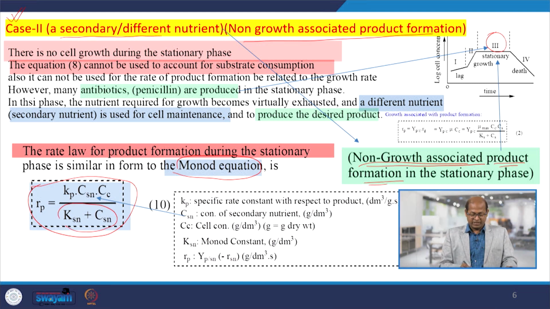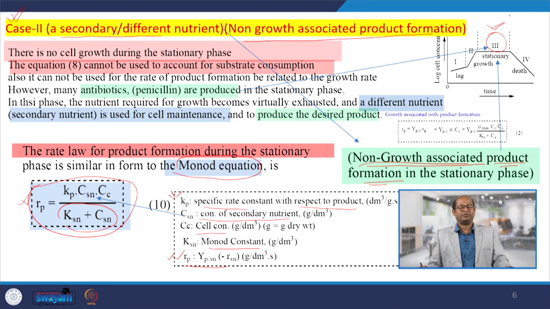Here Kp is the specific rate constant with respect to the product, Csn is the concentration of the nutrient or substrate being consumed, Cc is the cell concentration, Ksn is the Monod constant, and Rp is the rate of product formation. So, at the stationary phase, product formation is there. If you want to know how much product is formed per unit time, you have to use this type of Monod equation, similar to the cell growth rate equation.